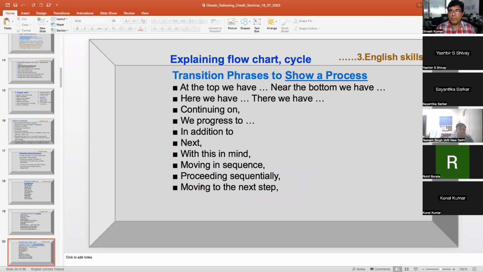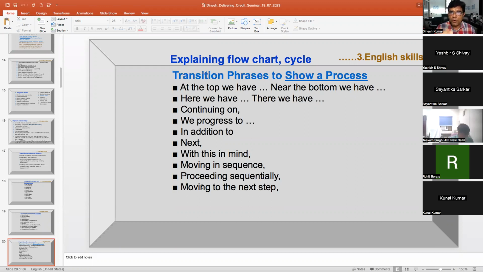Now, sometimes you have cycles in your presentation. A flow chart may be there. So you need to explain different steps, or you need to explain a process. Then also you can find some transitionary phrases to show a process. Suppose you are explaining any cycle, then either of these can be used, or 2-3 of these phrases can be used in explaining that.